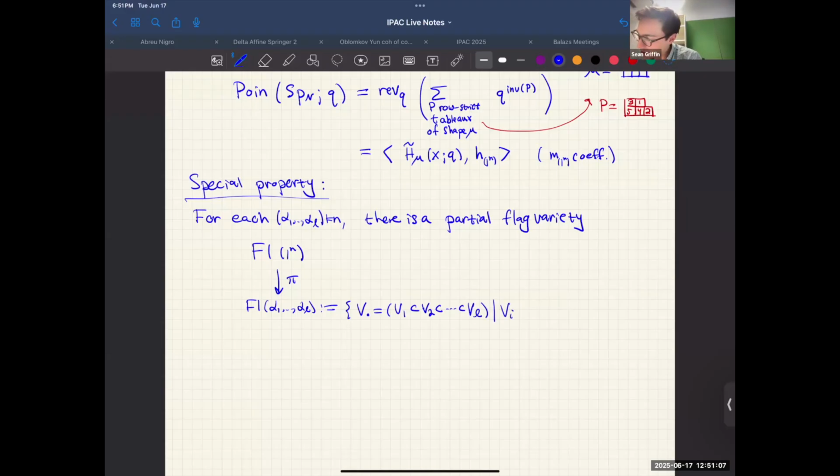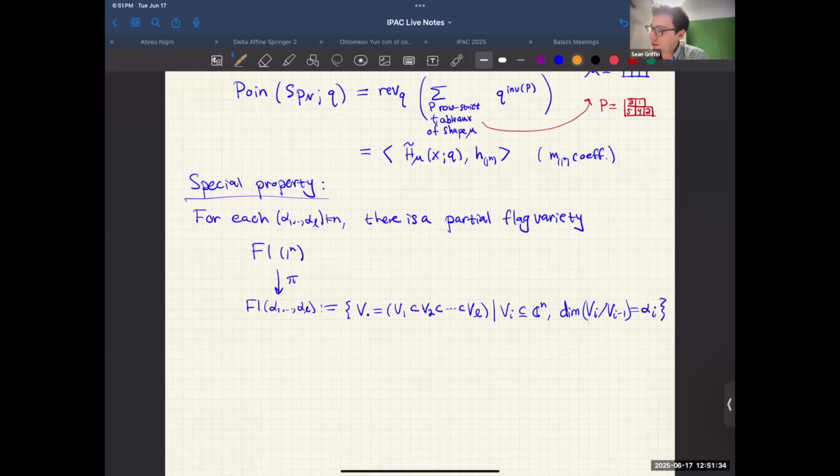So Vi is in C to the N. And the dimension of the ith quotient is equal to alpha I for each I. So the composition tells you the jumps in dimension.